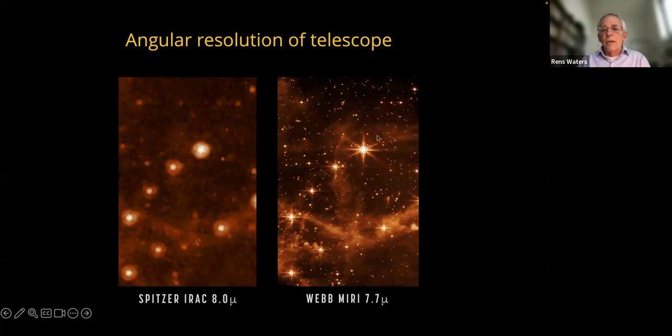By the way, you can see here that all these stars look like the things you have in a Christmas tree, but that is because of the funny shape of the primary mirror of the Webb telescope and its secondary mirror. So we'll get to that in a moment.